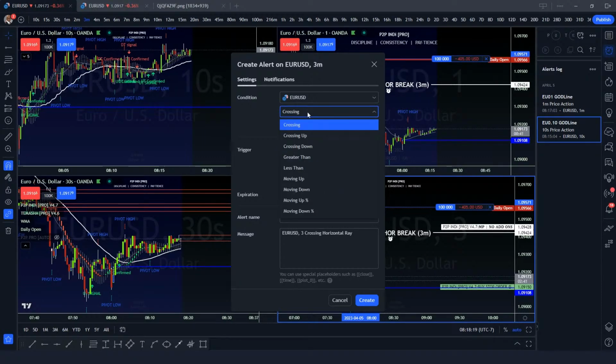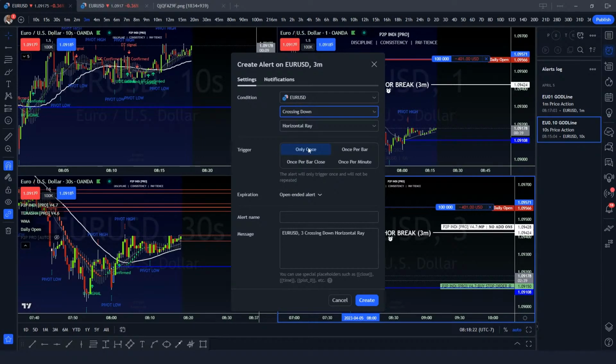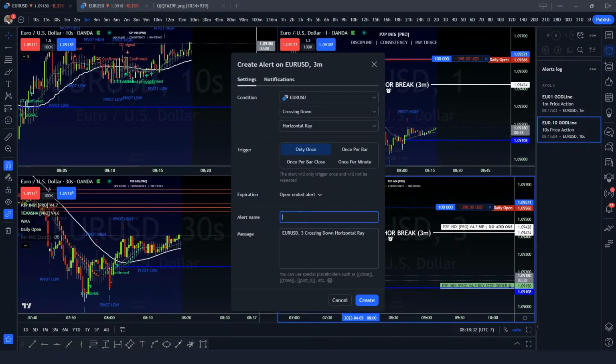And we'll say anytime that it crosses down the horizontal ray, just once, then we're going to consider the uptrend.